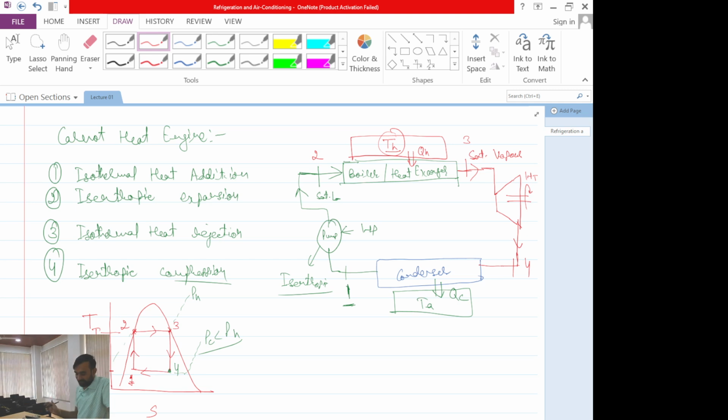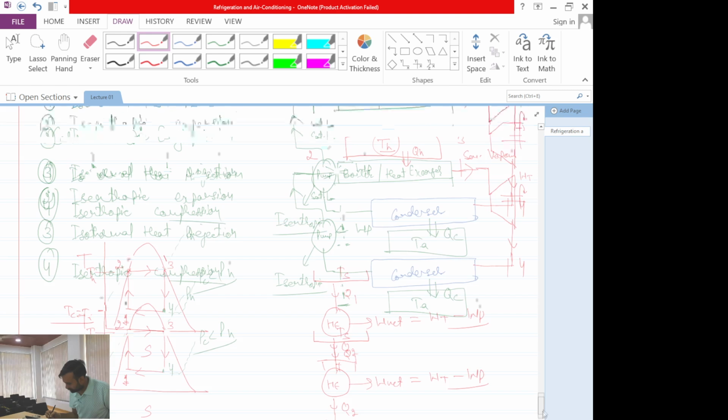So it means that, previously, whatever TS diagram you have placed, you have considered that Q1 amount of heat is taken into the heat engine and it is producing W net amount of work, which will be equal to WT minus WP, because the pump will be taking input and the turbine will be producing output. And then it is rejecting Q2 amount of heat to ambient.